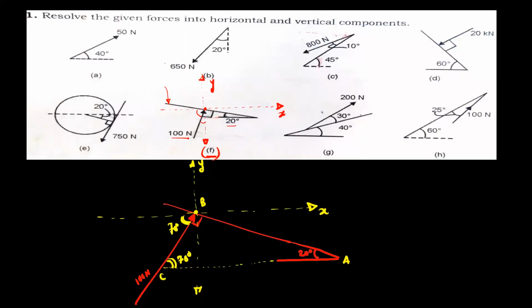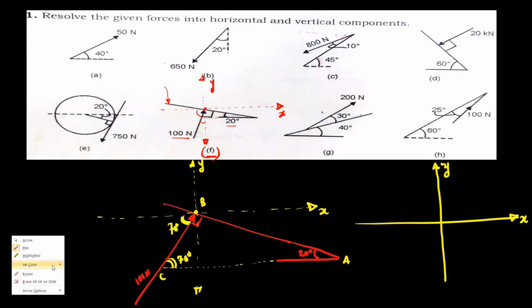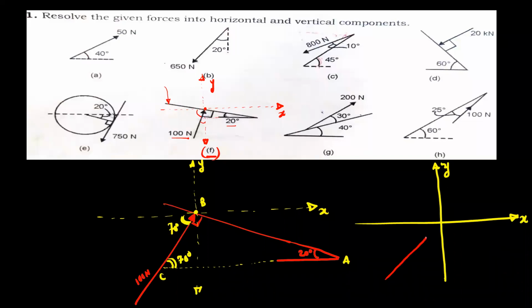It is an alternate angle. So now we have got the angle with respect to x-axis for 100 Newton. So this angle is 70 degrees.